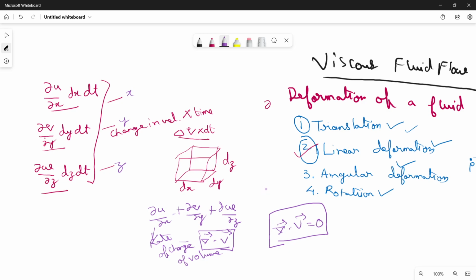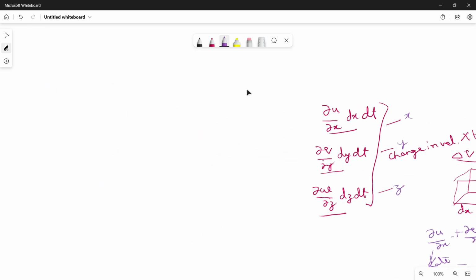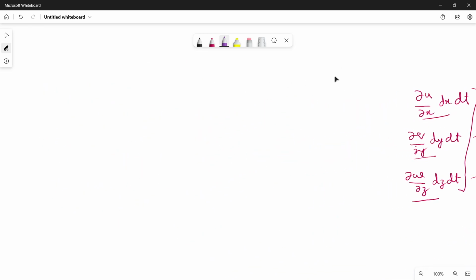Now the next type of deformation is the angular deformation.